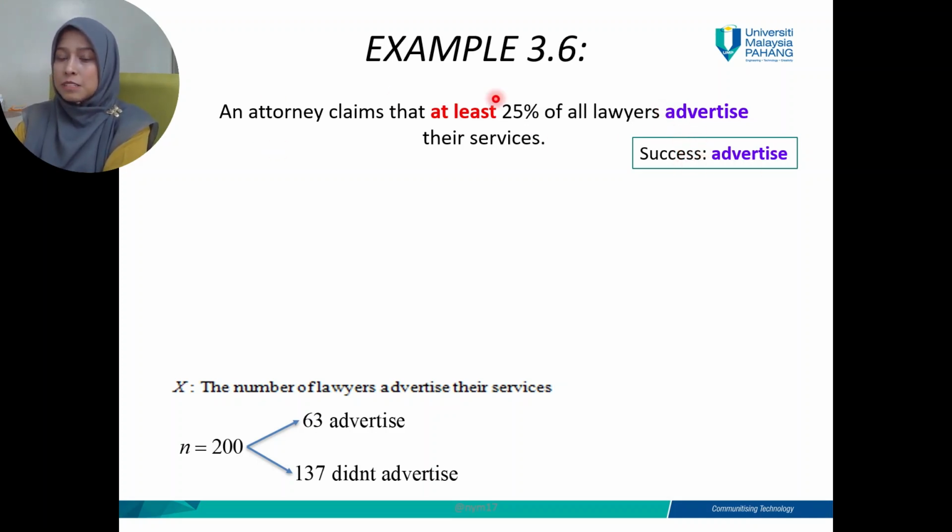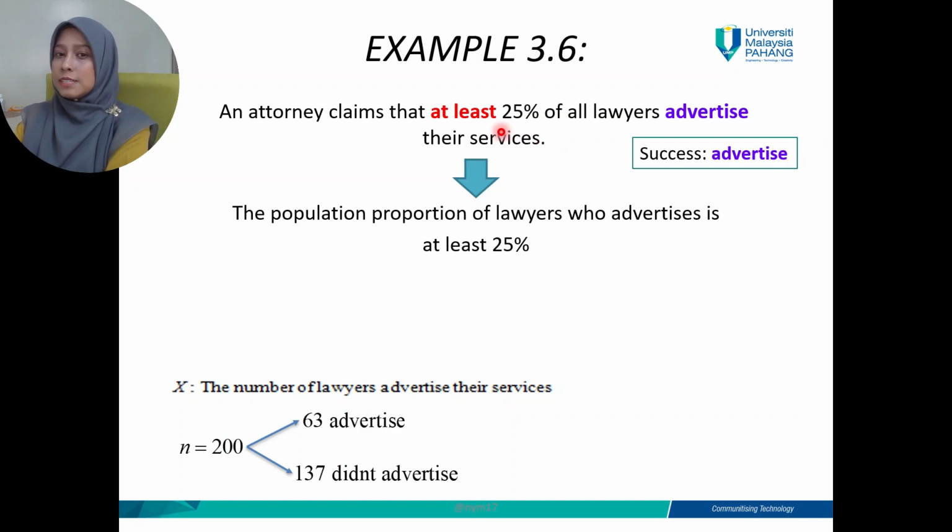The claim is concerning those who advertise. In other words, the claim is saying that the population proportion of lawyers who advertise is at least 25%.